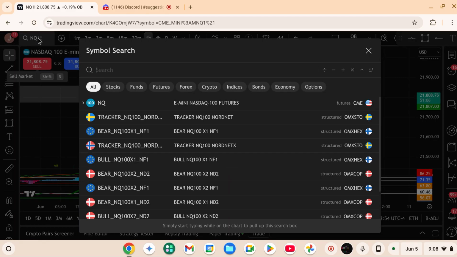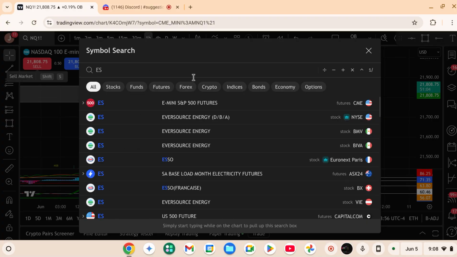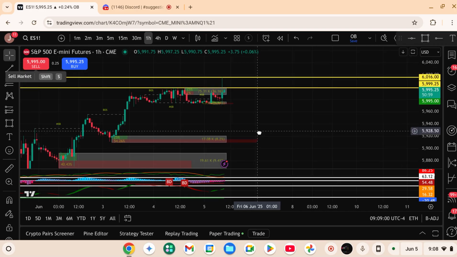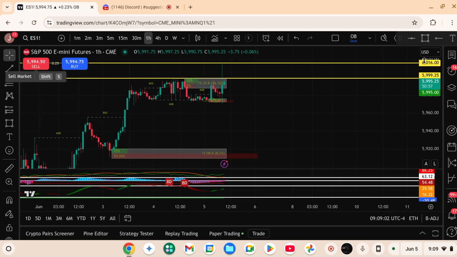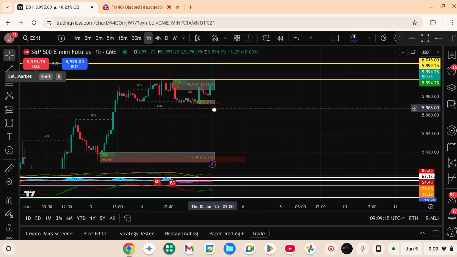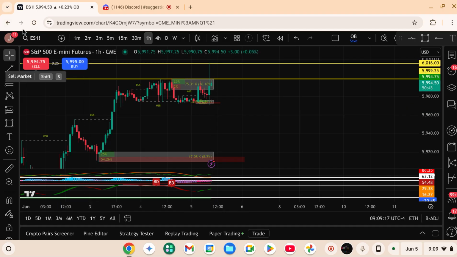This is NQ, and then if you look at ES, look how you got that much more room to move up on ES compared to NQ. So if you were going to trade one of those, ES would be the one to trade. Still looks sloppy though. Both of them look sloppy.